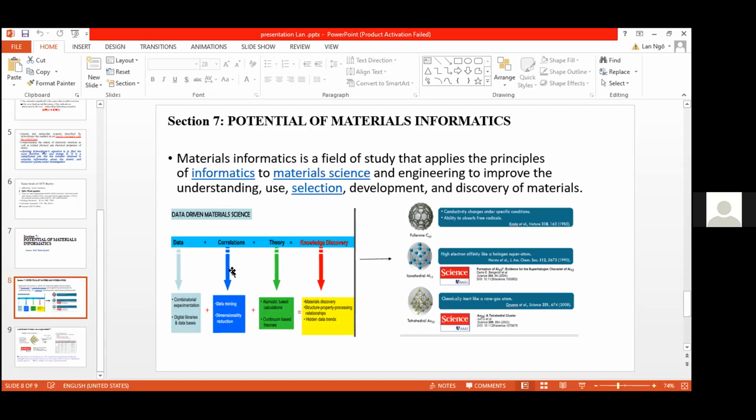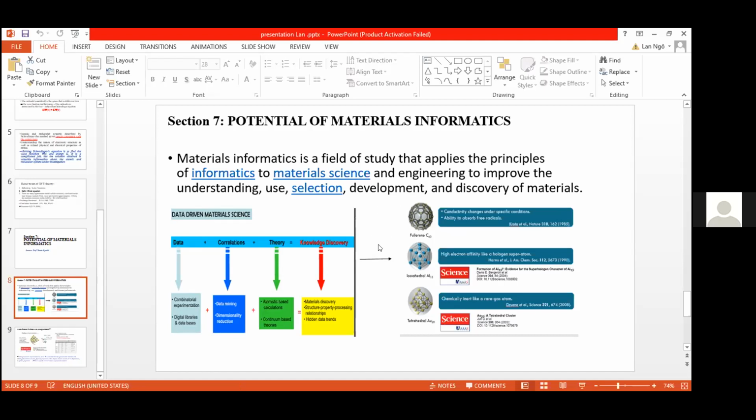We obtain the knowledge discovery, such as the structure-property-process relationship of materials.